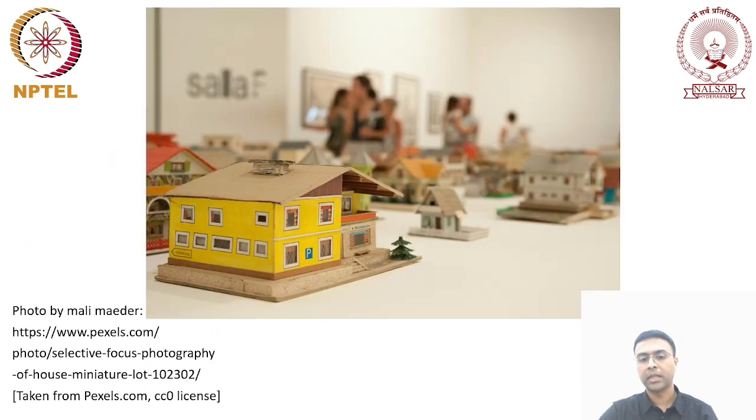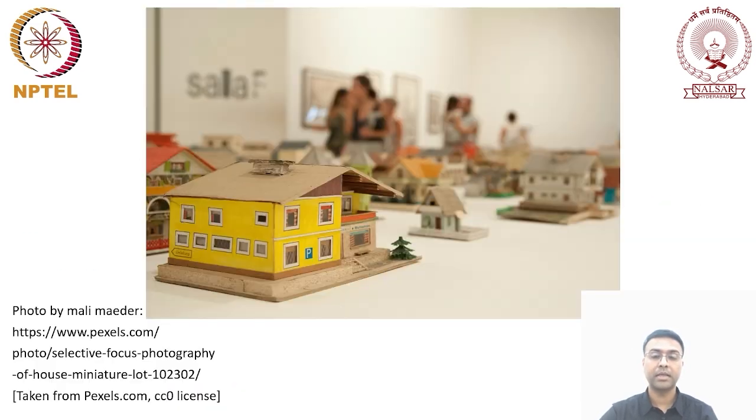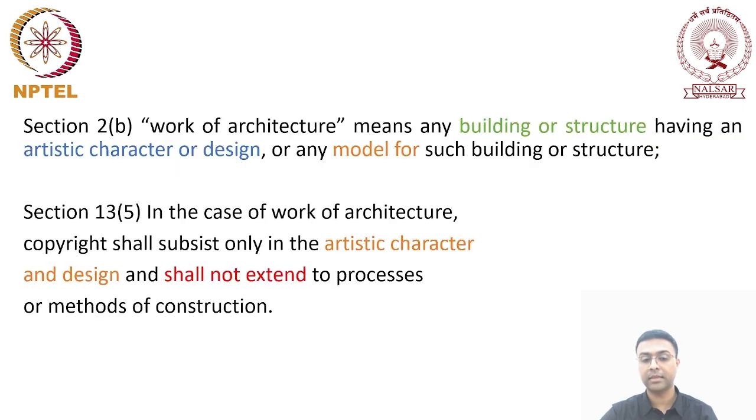In fact, the US Copyright Act is much more revealing in terms of what such an artistic character would include. As we had seen, the US Act explains that arrangement and composition of spaces and elements of the design is also something that can be considered as artistic character.